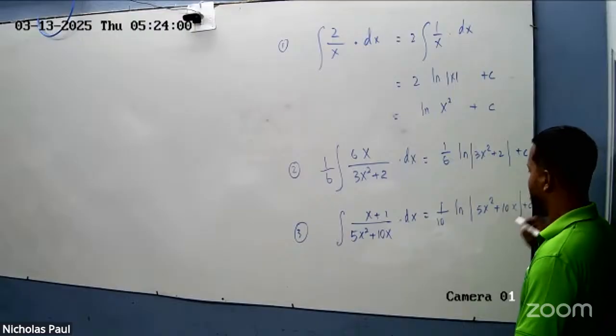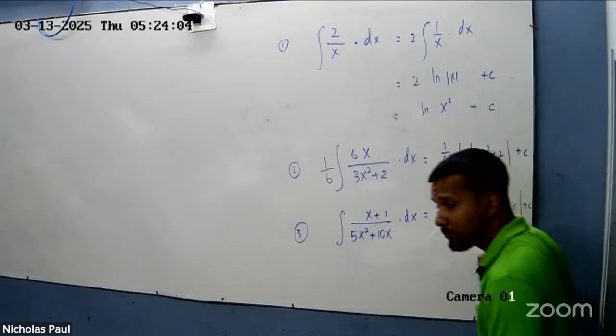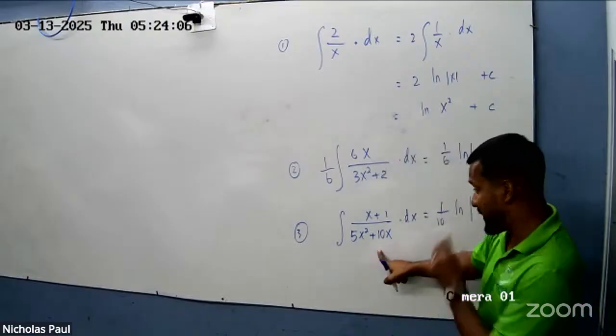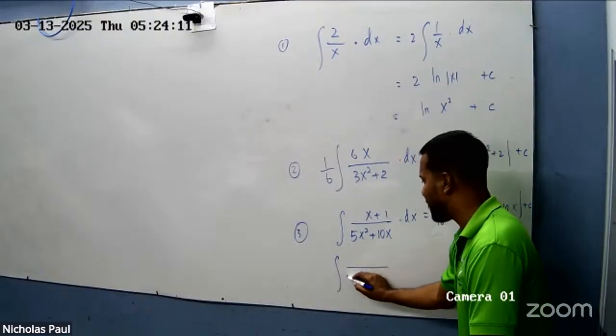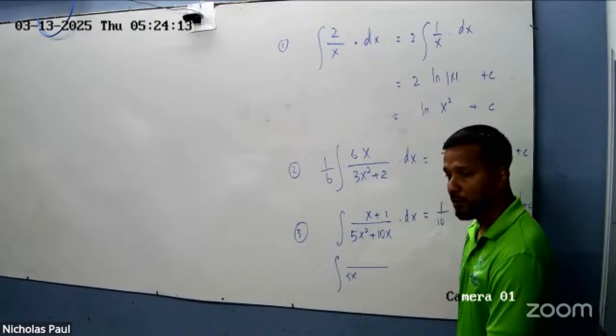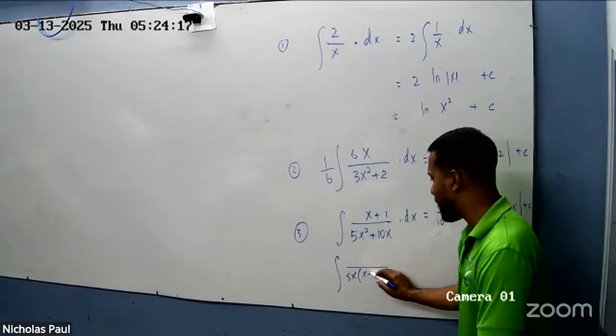Anybody try something else? Okay with this? So there's something else that we could have done. Could we have factored out 5x and you'll get x plus 2?